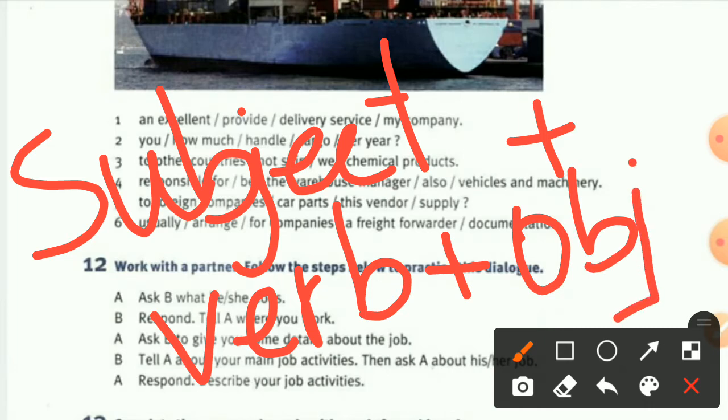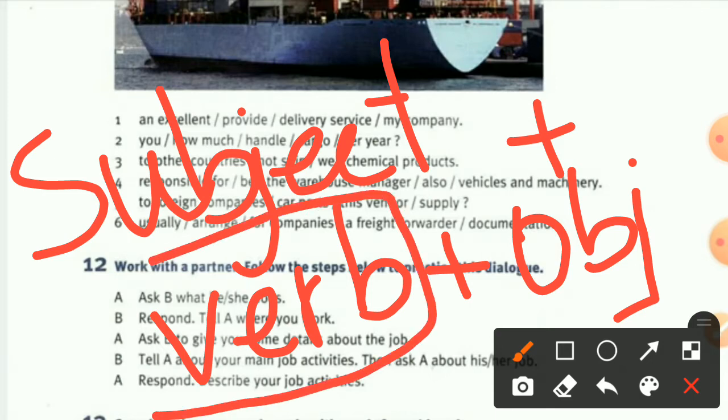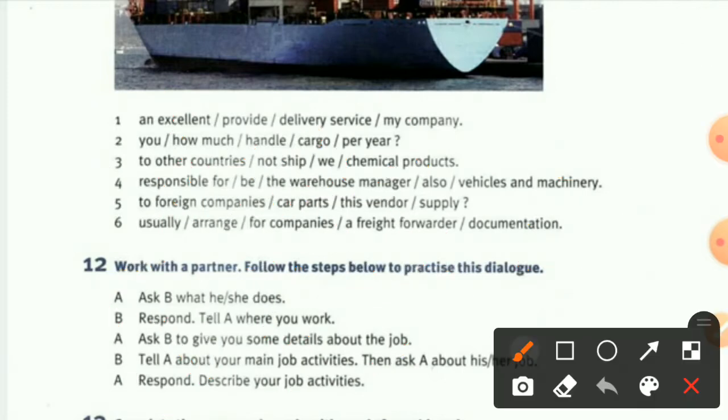First of all, you have to find out which words are verbs, and then place them in the right position depending on the structure of the sentence. It means that you have to translate every word. For example, "an excellent": what does it mean in Lao?